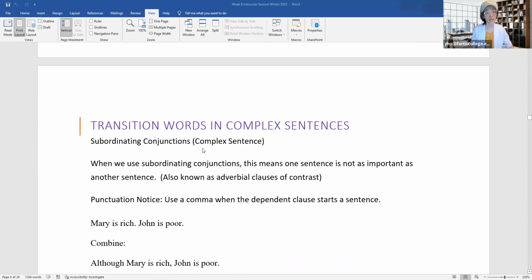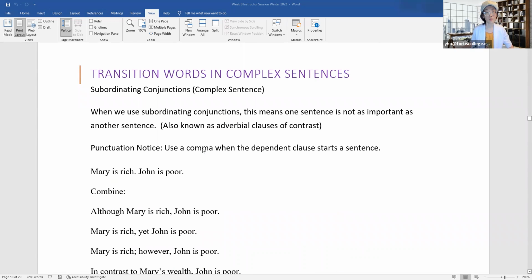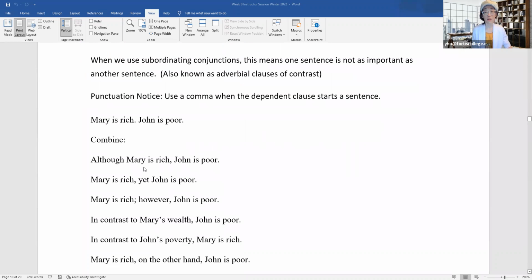All right, and then you can also have a complex sentence. A complex sentence is when you have a dependent clause put together with an independent clause. So here, although Mary is rich, that's a dependent clause, and a dependent clause cannot stand alone. It needs an independent clause to finish the thought.